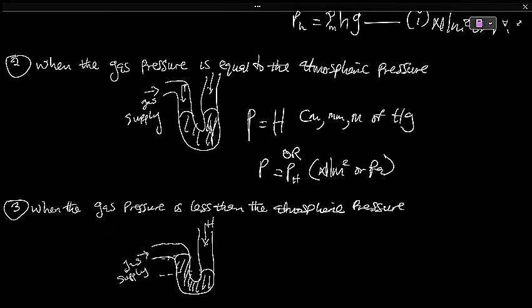The pressure difference is here. The pressure of the gas will simply be H minus h, in terms of centimeter, millimeter, or meters of mercury.